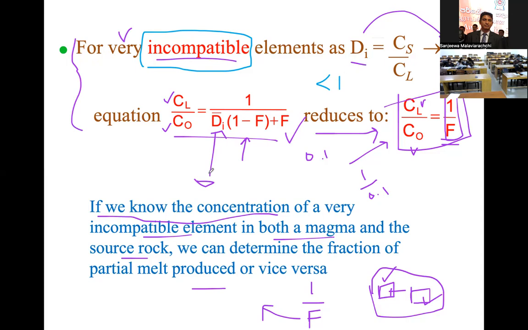This is very convenient. For very simplistic calculations, we can directly apply the reciprocal of F as equal to the concentration ratio of that element between the produced melt and the source rock.